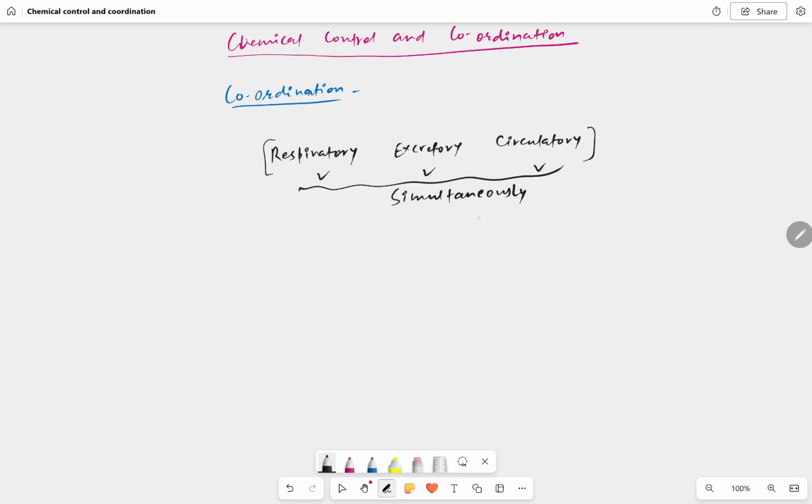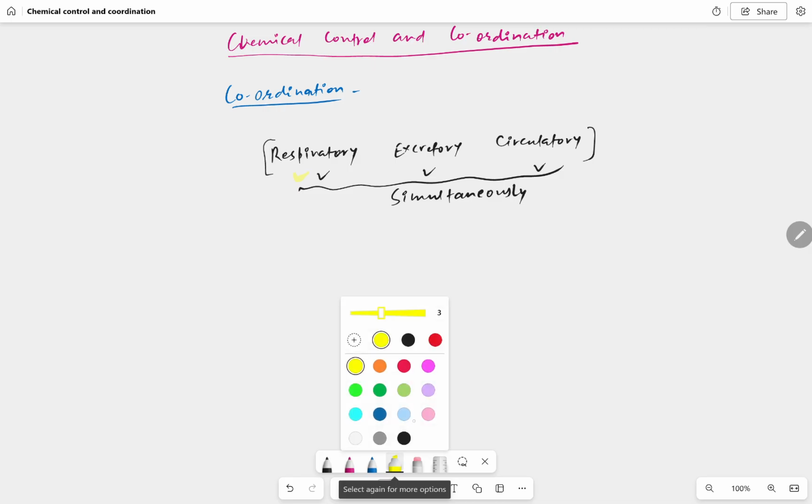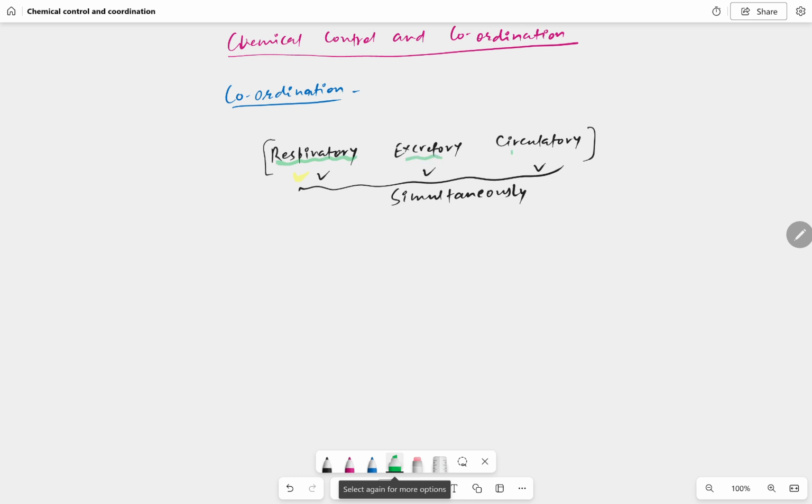We know that there is no interference in the function of the excretory system by the other two, circulatory or respiratory system. And we also see that when the respiratory system is working, the excretory and circulatory systems are not interfering with its function, and when the circulatory system is working, the other two, respiratory and excretory, are not interfering with their functions.